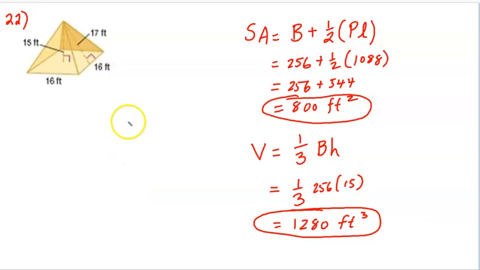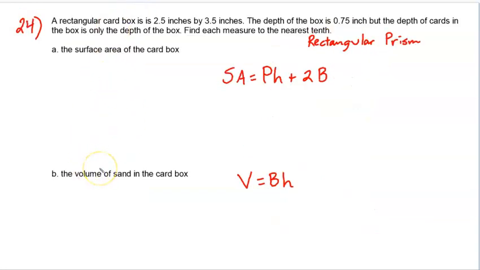All right, so we got one more. I want to help you with this word problem at the end of the lesson. So we have this rectangular card box, and basically, as I told you here, what's being described with this card box is a rectangular prism.